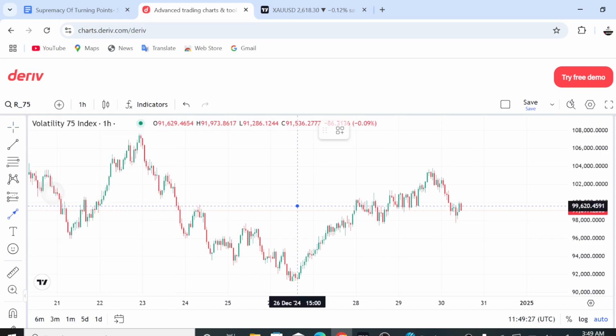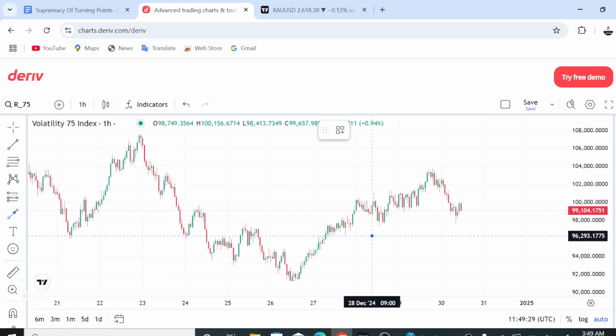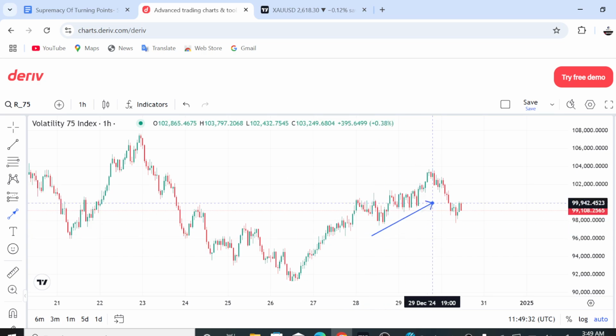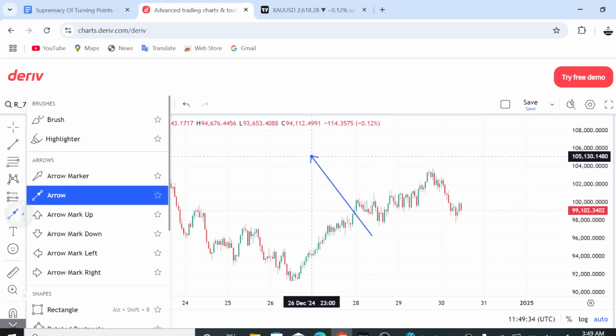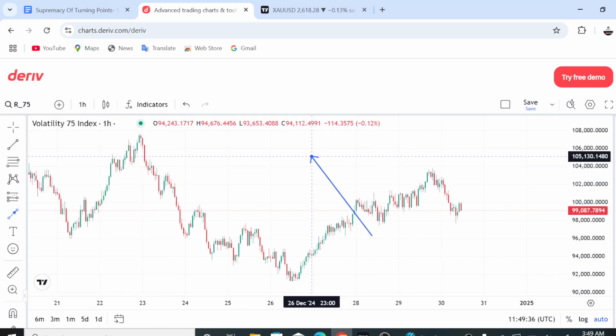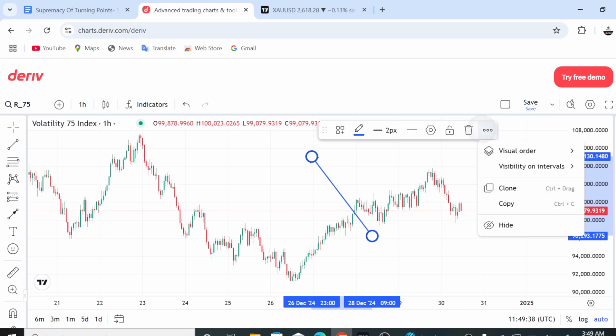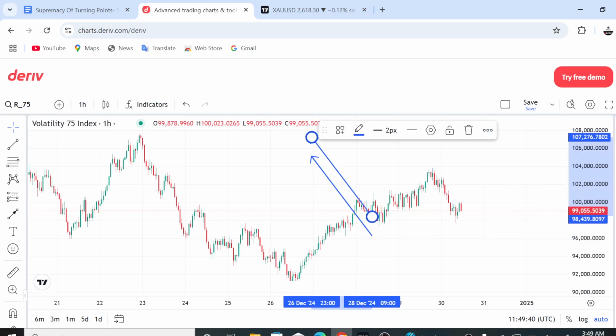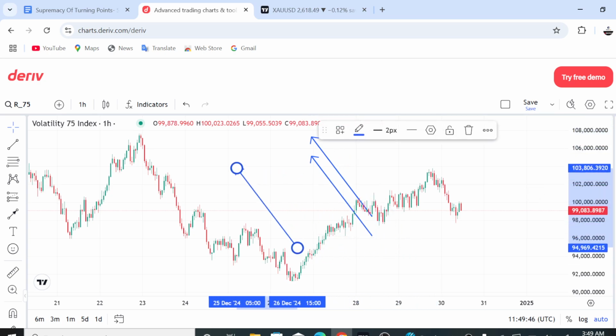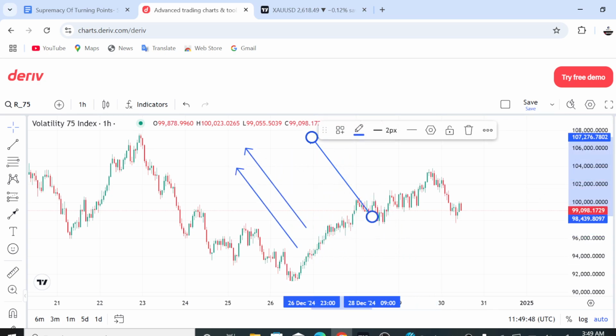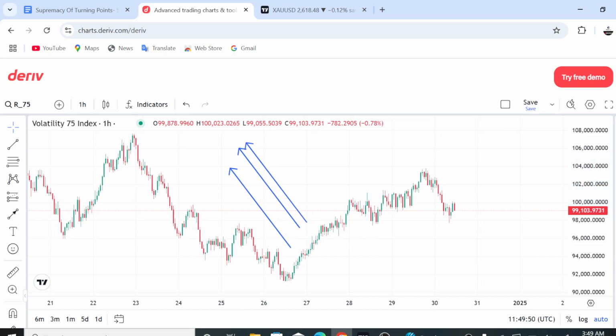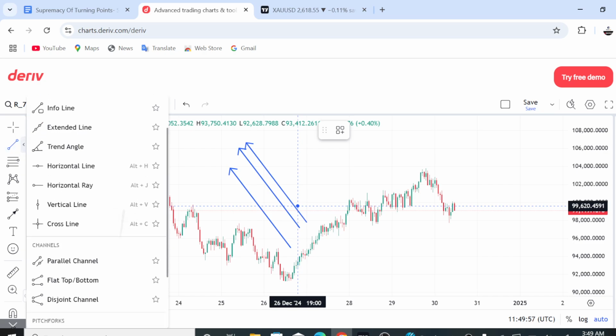Let me pick this arrow for better explanations. I will need at least two or more right here, and this will be present here, so when I need it I can use it.